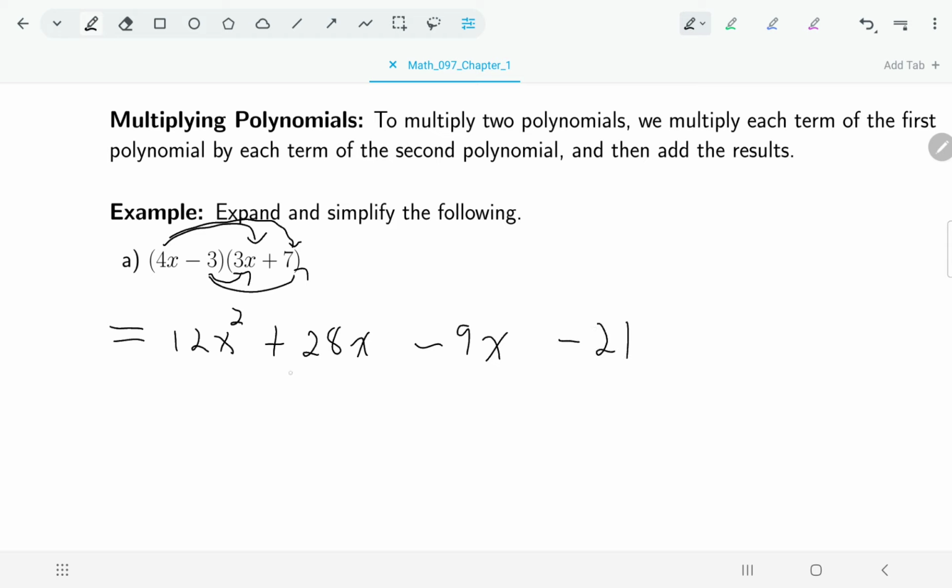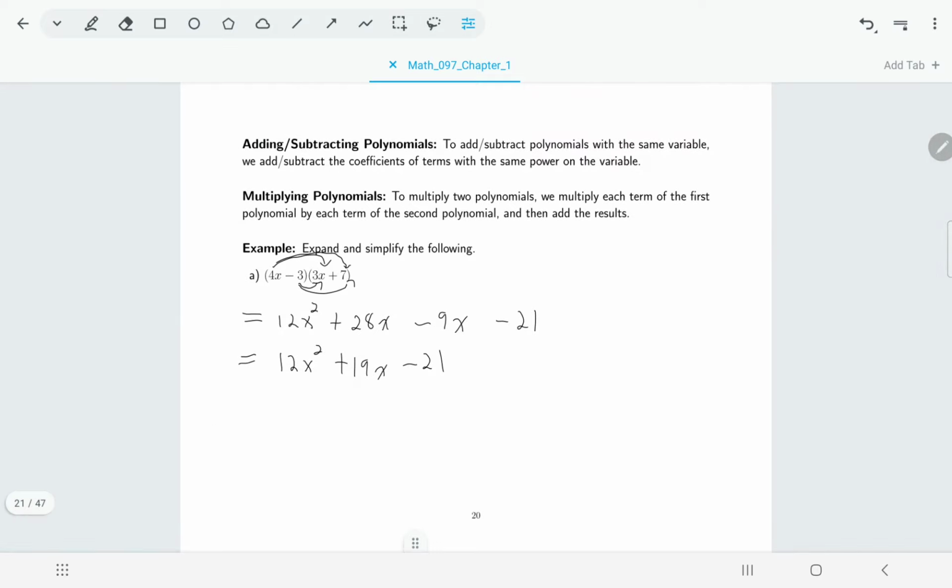The only thing left for me to do now is just to combine together those two terms that involve x to the power of 1. So the 12x squared term will stay as it is. For the x term, I'll have 28x minus 9x, and 28 minus 9 is 19. And there we go, so 19x. And the constant term, negative 21, will stay as it is.